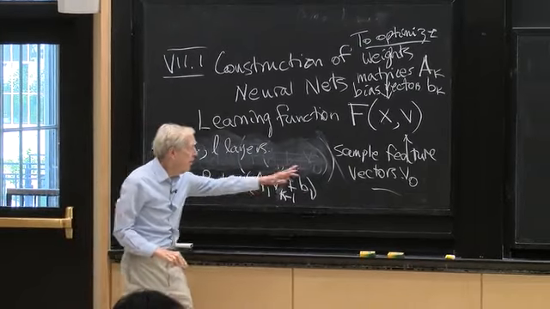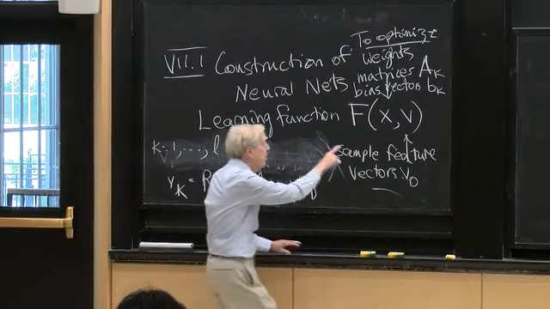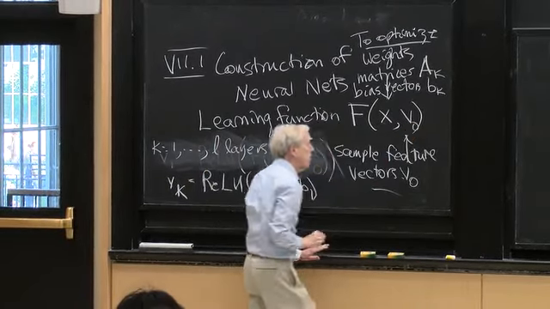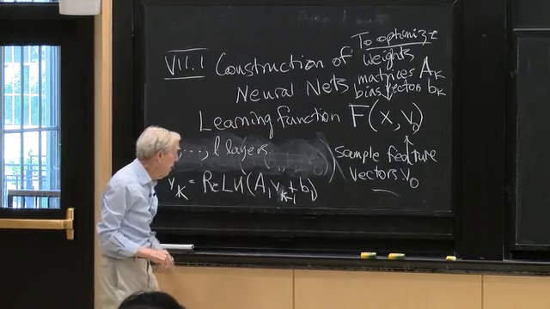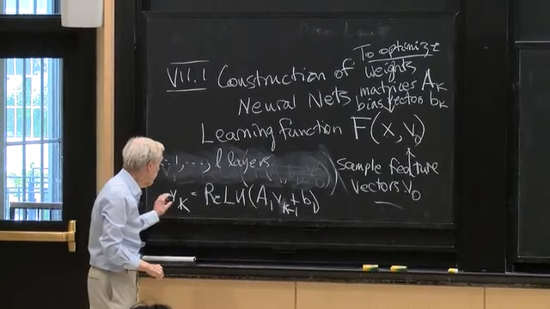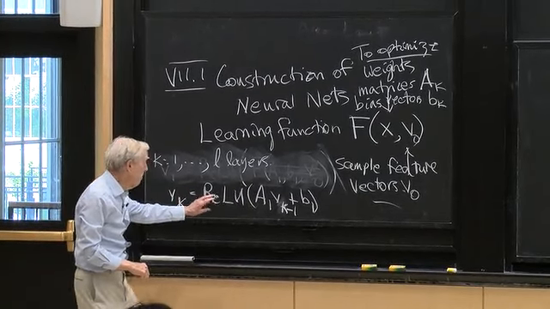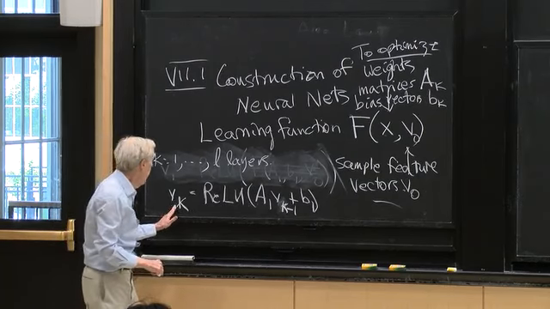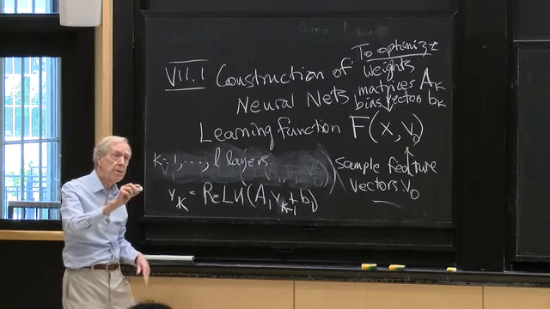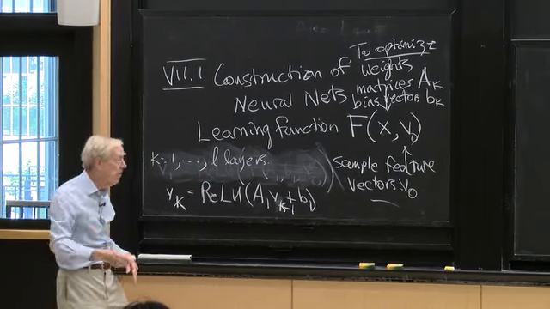So the input was V0, and this is the neural net, and this is the input and output from each layer. And then VL is the final output from the final layer.